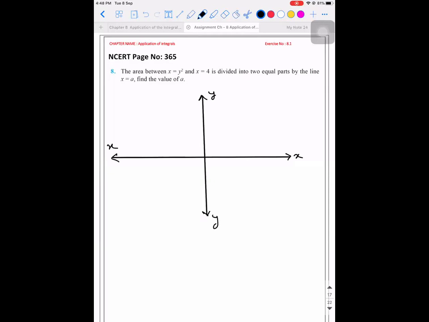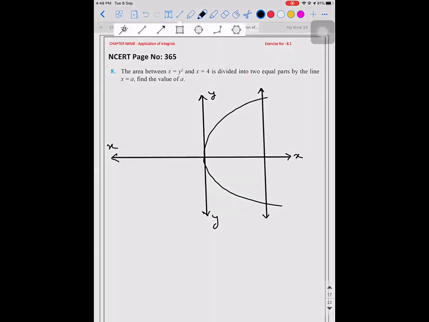So the area between the curve x is equal to y square, it's a parabola, and x is equal to 4 is divided into 2 equal parts by the line x is equal to a.